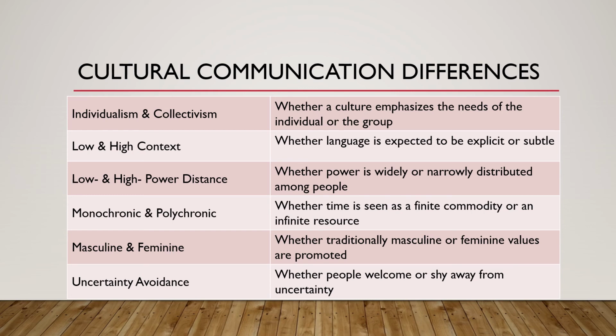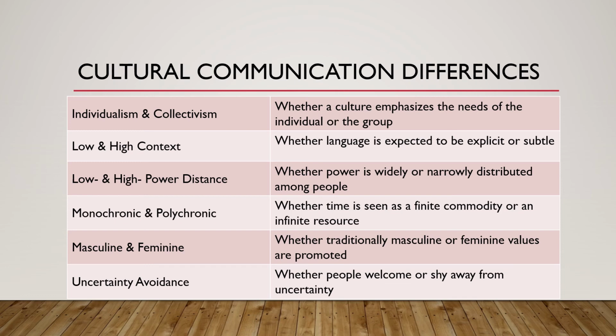We also know that cultures vary in terms of how they value time. So if you're a monochronic culture, you treat time as a finite commodity that can be earned, saved, spent, and wasted. More monochronic cultures are very scheduled. You think about something like the military, you'll have policies like if you're on time, you're late, right?